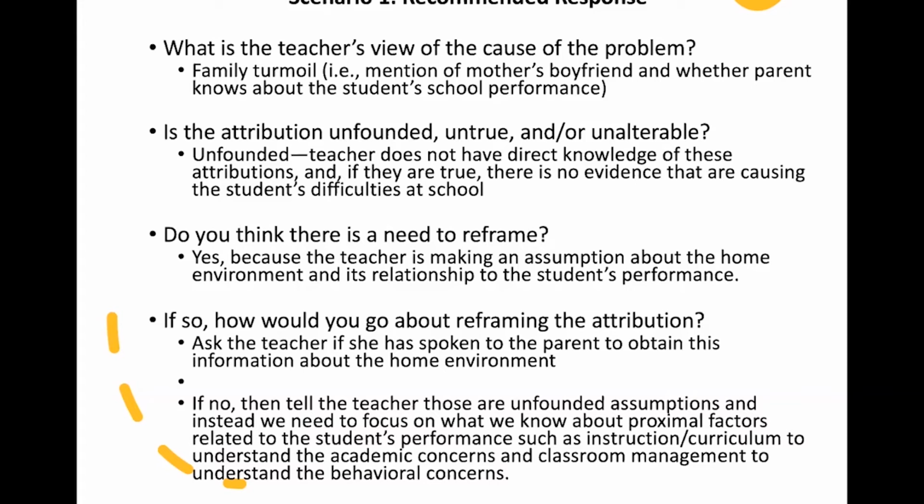Do you know that at all to be true? Do you know anything about what's going on with mom and the boyfriend? Do you know that that has anything to do with what Robert is doing in the classroom? And to the degree that we don't ask that question and push that people actually have evidence that this is actually true, we cannot adopt it in our way of thinking. We would have to address that with Ms. Smith.